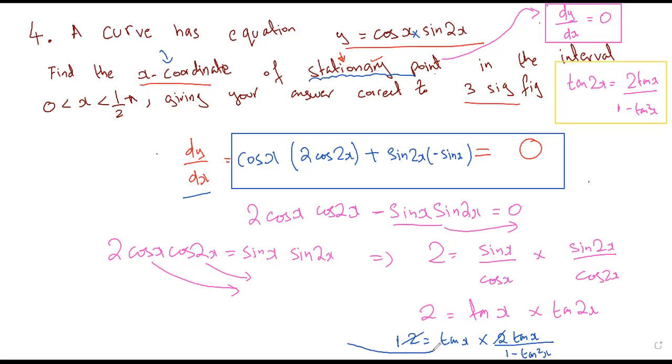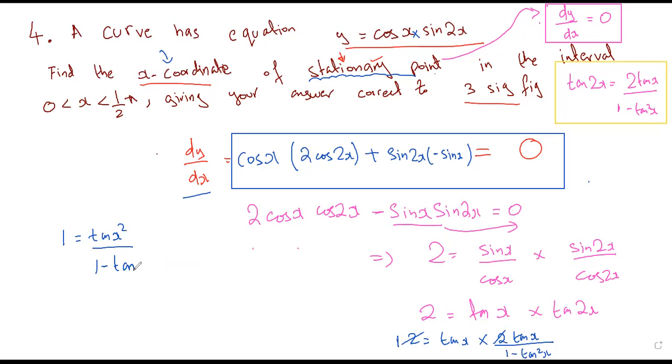And I will do the equation over here. So I have 1 minus tan square x equals tan square x.